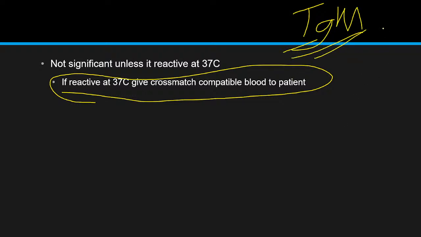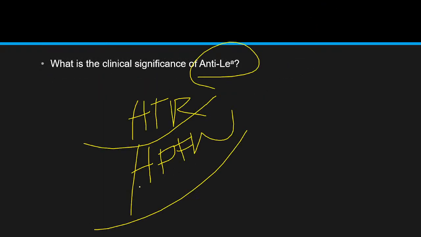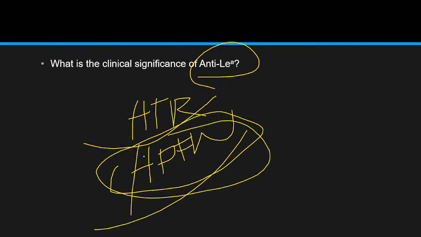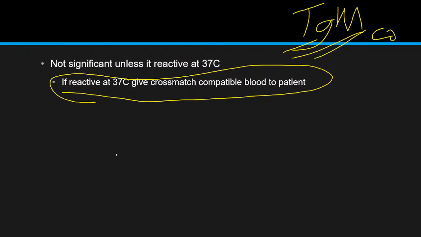Okay? Meaning they are cold reacting. They're not significant. Therefore, they cannot also cross the placenta, which means that they cannot produce hemolytic disease of newborn and hemolytic disease of fetus and newborn. All right?